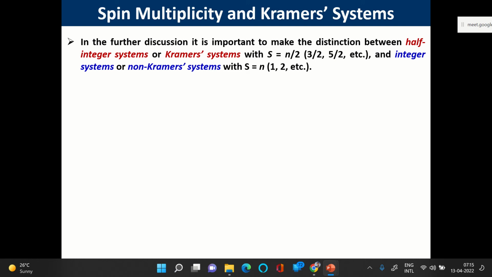Such systems are given a special name, Kramer's system, whenever S is equal to n by 2. So always greater than 1, as I already told you. So 3 by 2, 5 by 2, etc. That is called Kramer's system, half integer systems. As opposed to that, you can also have integer systems or non-Kramer systems.